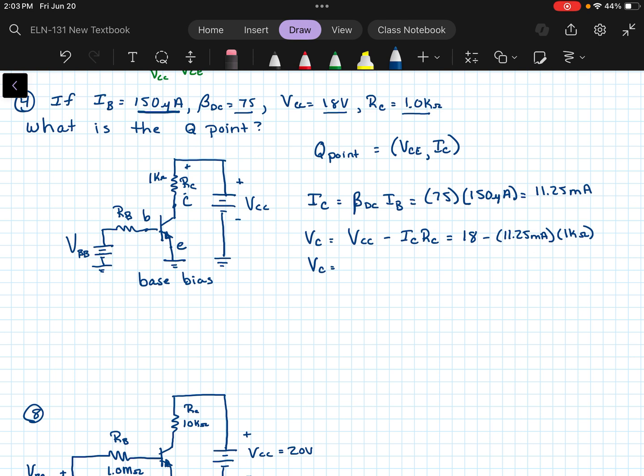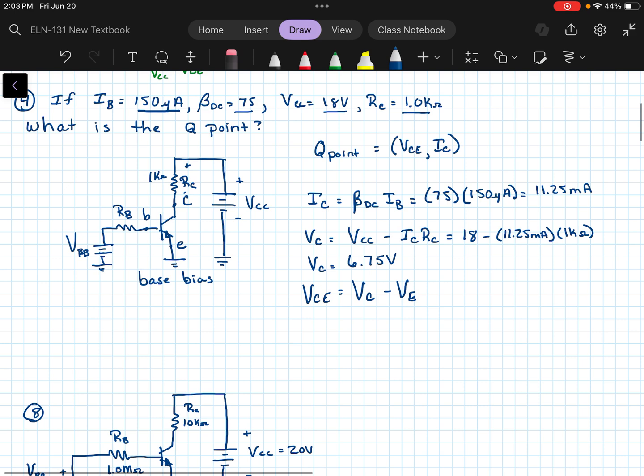Okay. So that should give us about 6.75 volts at C. Now VCE is VC minus VE. And VE here is actually connected to ground.